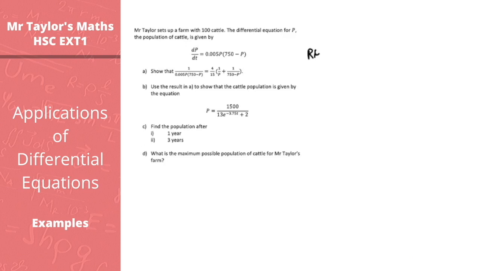So the right hand side is equal to 4 over 15 times (1 over P plus 1 over 750 minus P). Okay, so if we've got two fractions, obviously I want a common denominator if I'm adding them together. So this one will need a 750 minus P. Actually, I'll just do this.